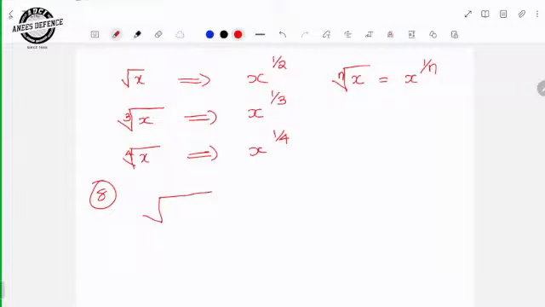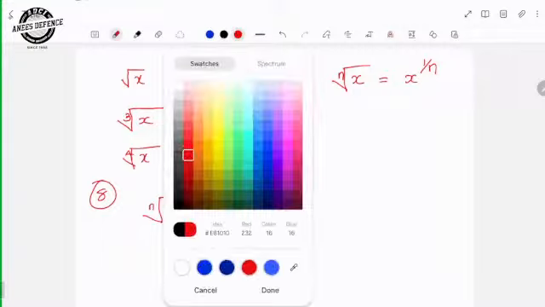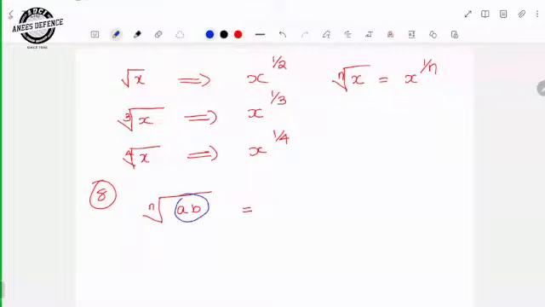That is nth root. Here, nth root of AB. What is nth root of AB? This AB can be considered together. So AB raised to 1 by n.